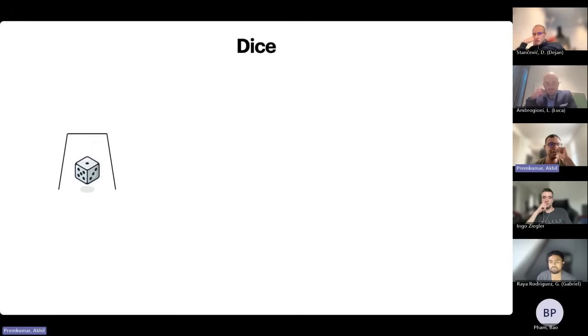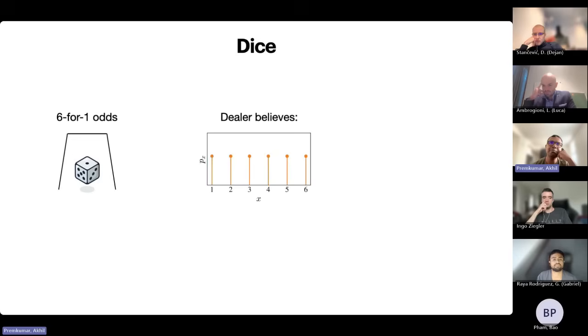Suppose you had the following simple game. You have a die under a cup, and a dealer who shakes the cup and asks you to place a bet on what the die is going to throw. The dealer believes this is a perfectly fair die, and therefore offers you 6-to-1 odds.